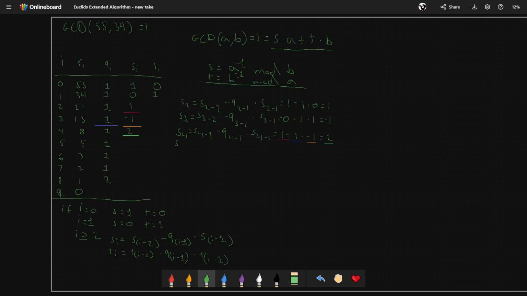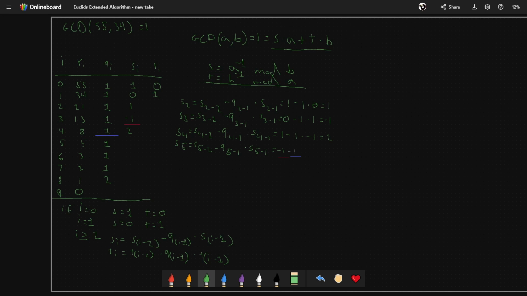We'll go to S5. S5 minus 2 minus Q5 minus 1 multiplied by S5 minus 1 is equal to: S5 minus 2 is S3. S3 is negative 1. Q5 minus 1 is Q4. Q4 is 1.